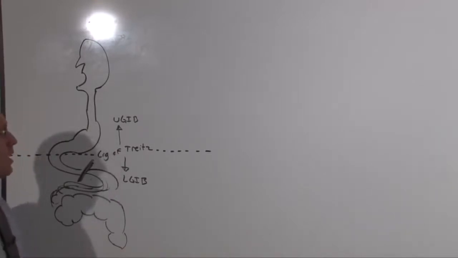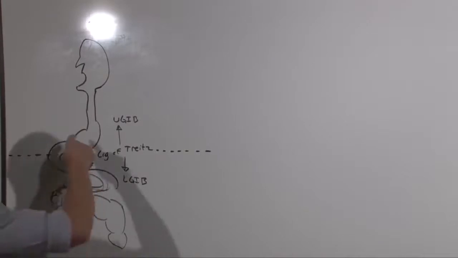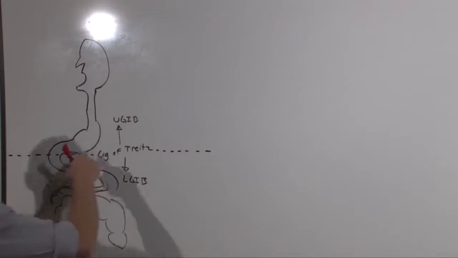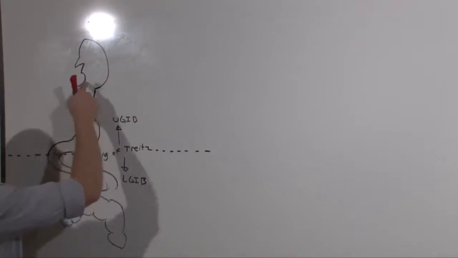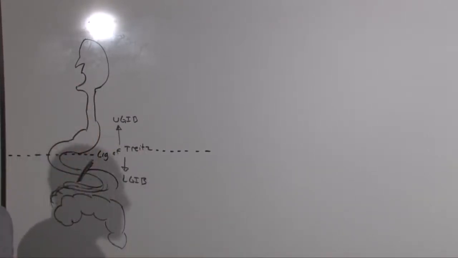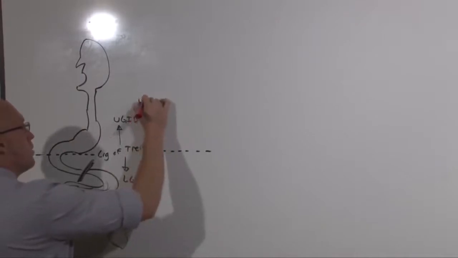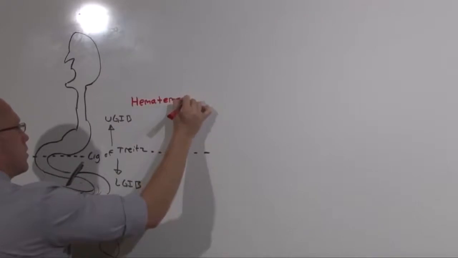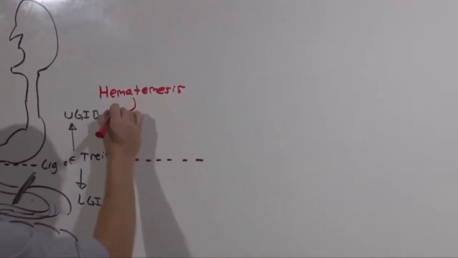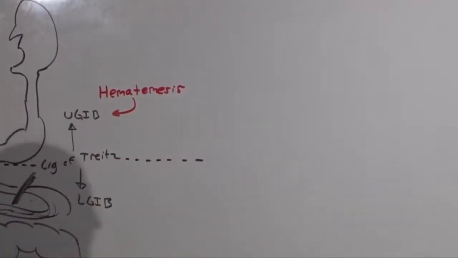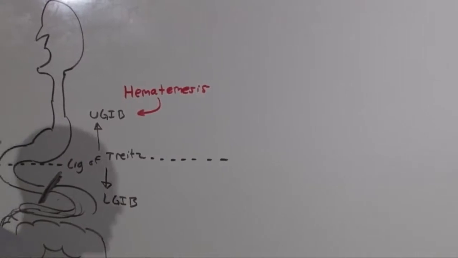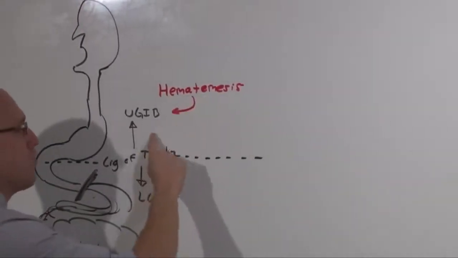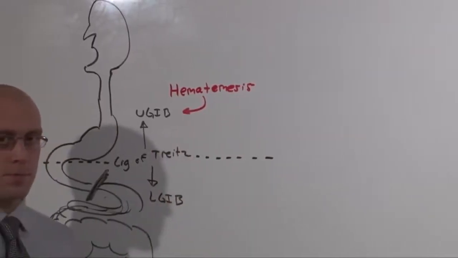Specifically, what I mean by that is the only way blood can come out the inhole, that is the mouth, is for the bleeding source to be very close to the inhole, which means that if you see hematemesis, then you most certainly have an upper GI bleed. It doesn't help you determine the etiology. It just says that the most likely source of bleeding is above the ligament of Treitz.